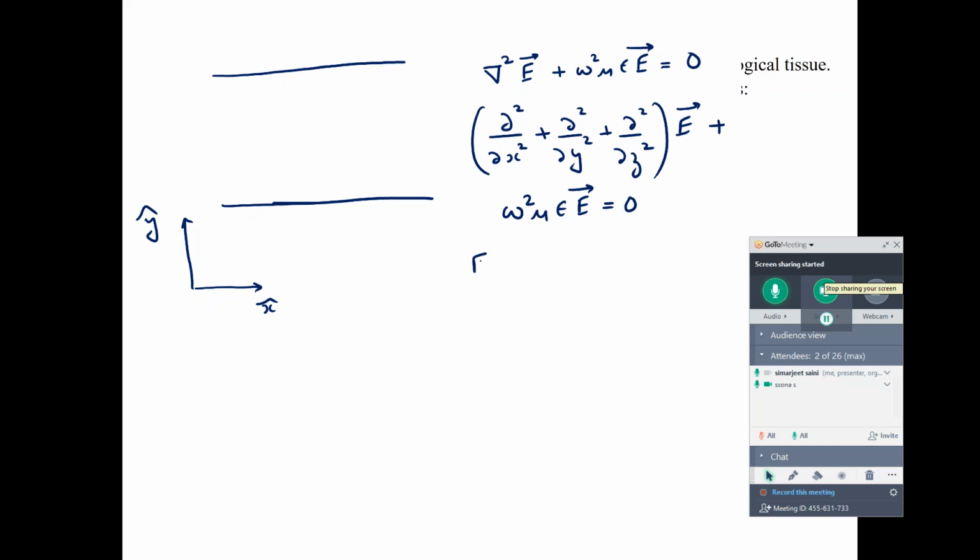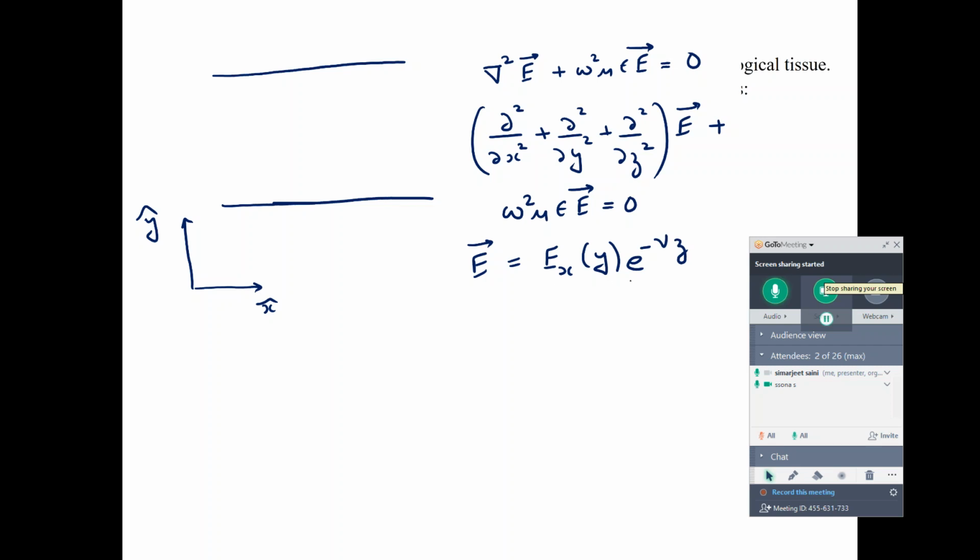Again, remember, we know E is pointing in the x direction, varying in the y direction, and propagating in the z direction. That's the solution we are looking for.